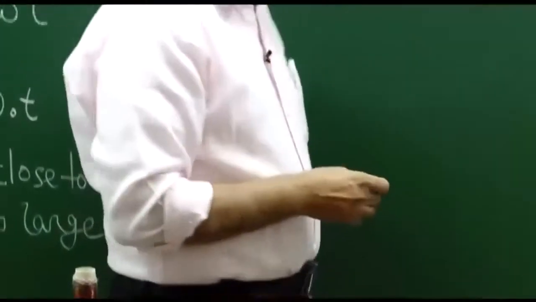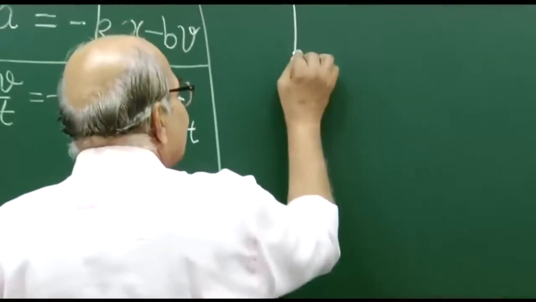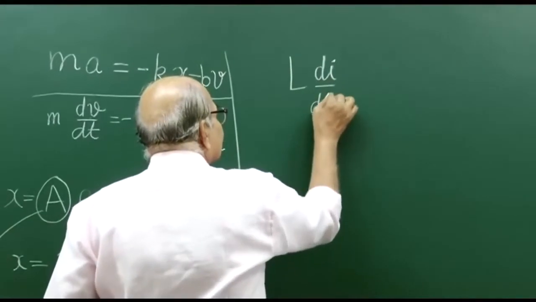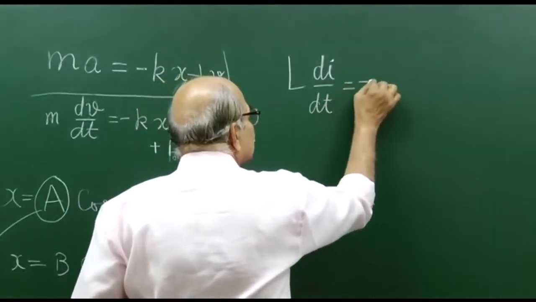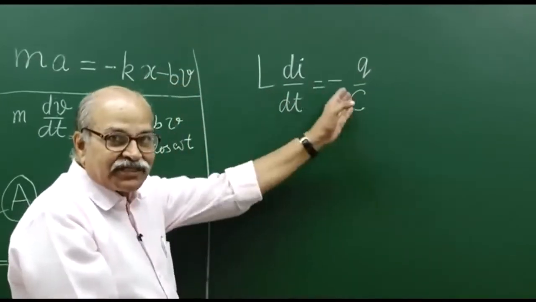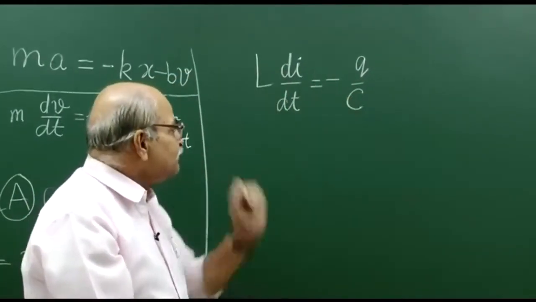What will be the equation? The equation will be L dI/dt equals minus Q by C. This is the basic oscillation system.